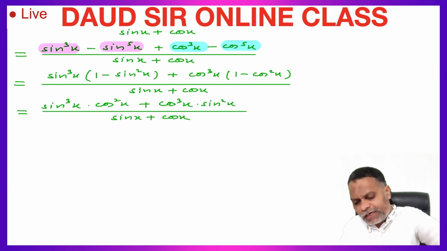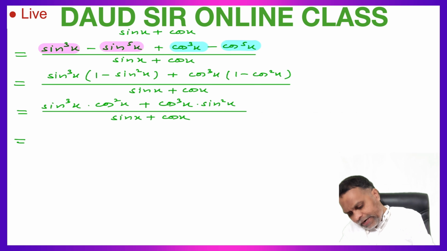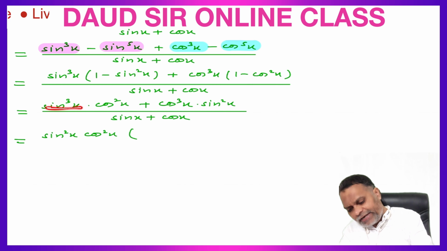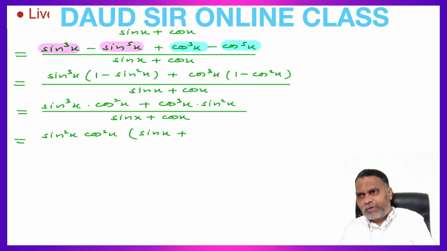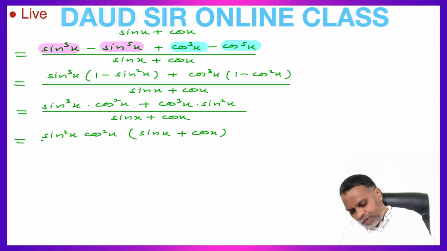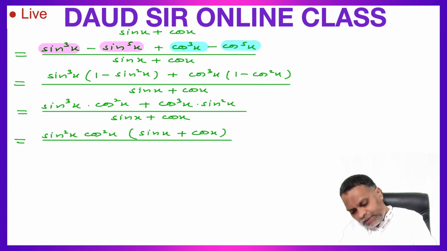Now from the numerator, take out common sin square x cos square x. Here sin x is left, plus in the second term cos cube x, with sin square x cos square x common, so cos x is left, upon sin x plus cos x.